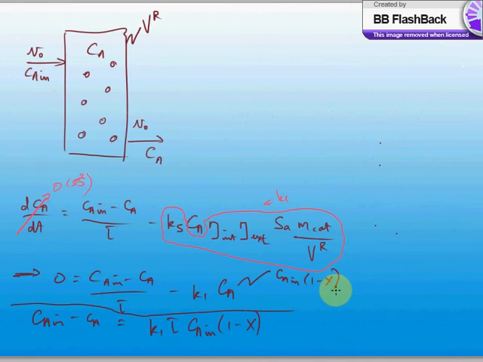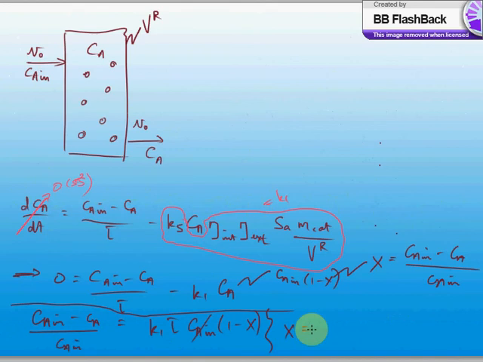Just the definition of conversion: Ca in minus Ca over Ca in, that's the conversion. So if we divide through here by Ca in, we get that this is nothing but the conversion. So conversion equals K1 tau times 1 minus x.